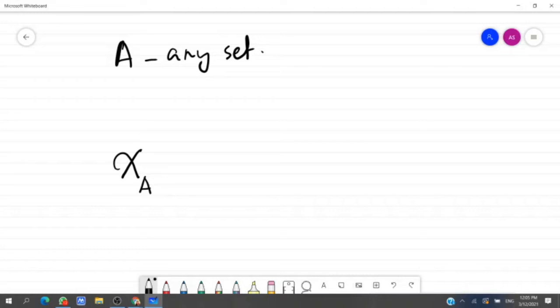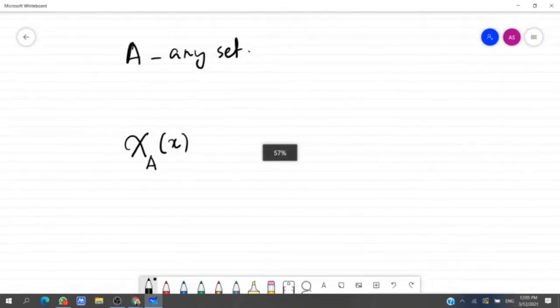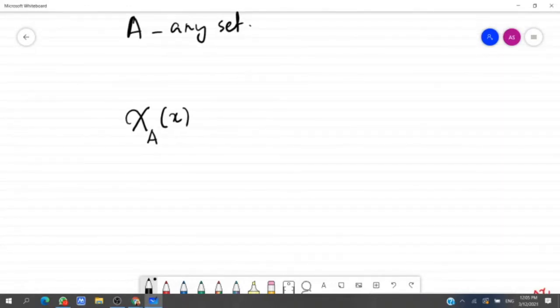It gives the value 1 for all elements in that set A and it maps all the other elements to 0. So the characteristic function of set A is usually denoted by chi A.